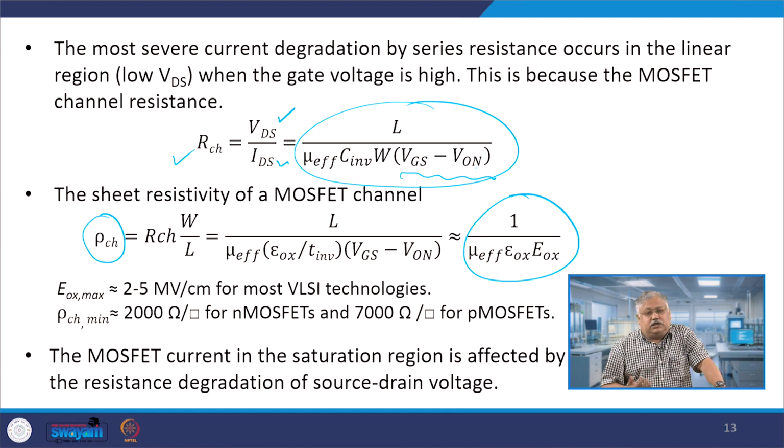Many researchers and many industries across the world have converted silicon to silicon germanium, where effective mobility is much higher because of strain technology, and that lowers the value of rho CH. Once it lowers the value of rho CH, I ensure that the sheet resistivity of the MOSFET is small, and your currents are higher for the same applied biases. So, this effect tends to degrade the resistance of the source drain region.